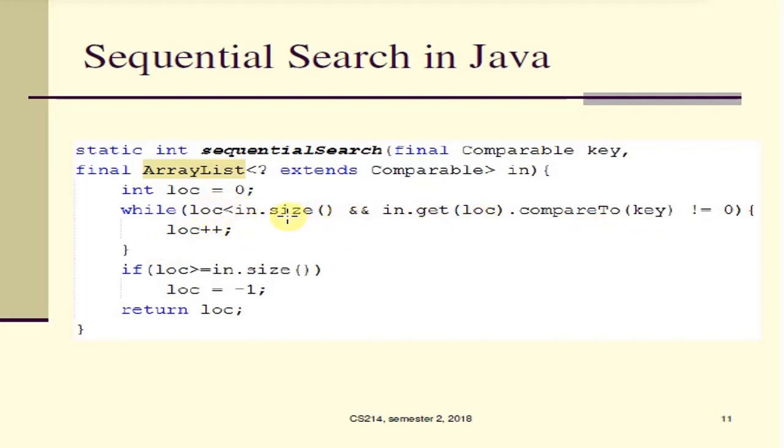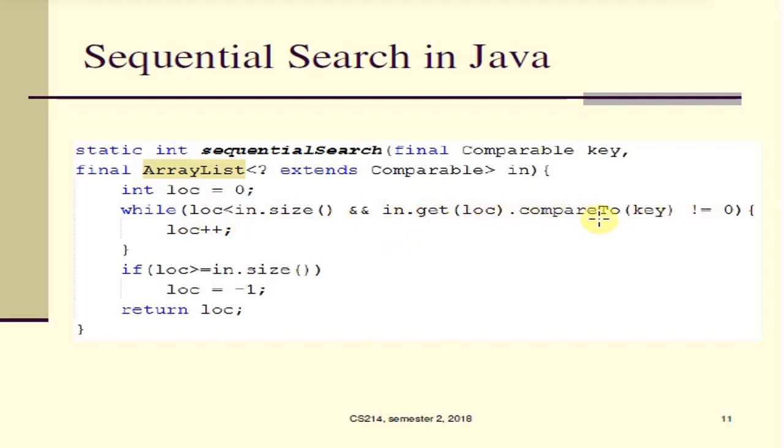For example, if you suddenly reach the end of the array, then this will become false. The lock is no longer less than the array's size. On this side, when would this become false?